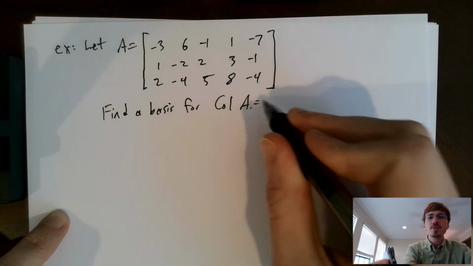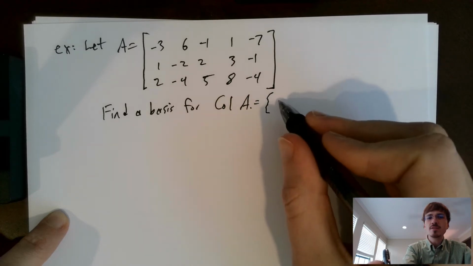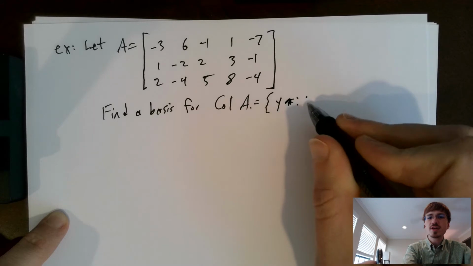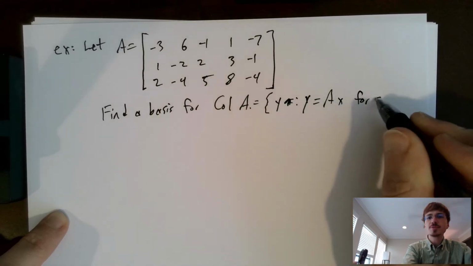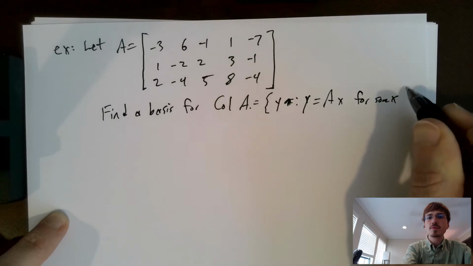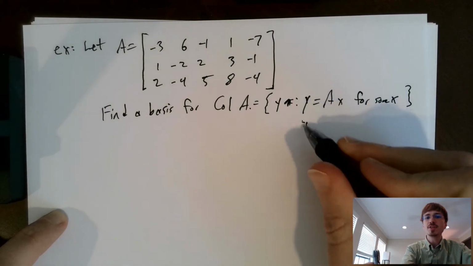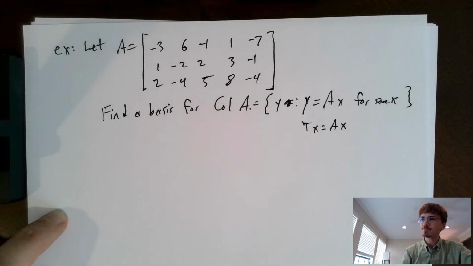Remember, this is the set of all vectors y such that y is equal to Ax for some x. So it's the set of all possible outputs. It's kind of the range of the linear transformation T(x) = Ax.